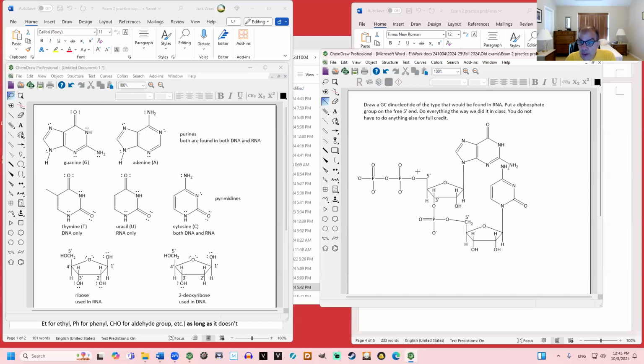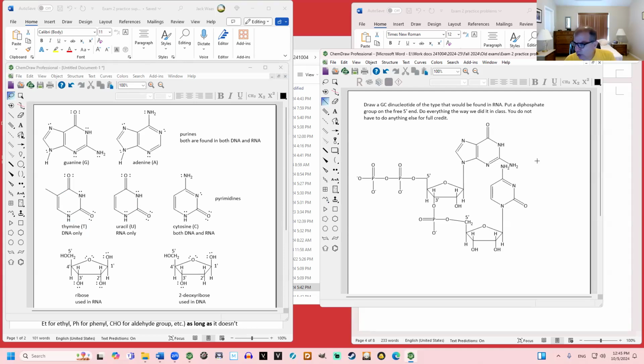Nope, everything looks good. Now, the other thing is, if one of these nitrogen bases were uracil, then you would need to know that you're drawing an RNA-type nucleotide, even if it didn't specifically say to. And similarly, if one of the nitrogen bases you're given is thymine, then even if it doesn't say to draw a DNA-type nucleotide, you need to know that thymine is found only in DNA.